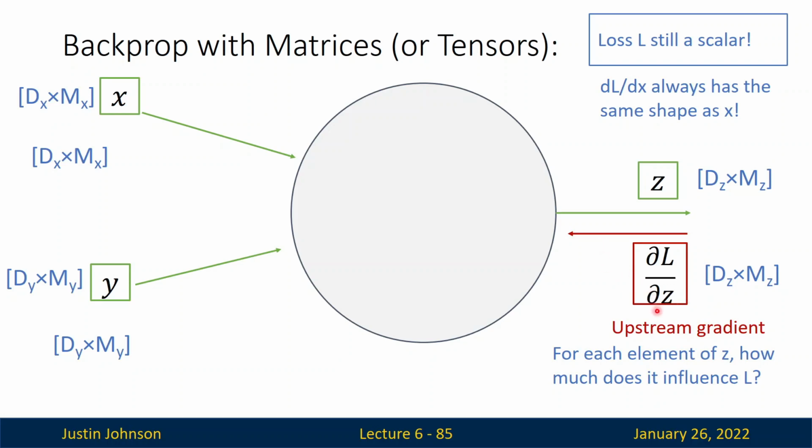Now we are going to calculate the local gradient and use the chain rule by multiplying the local gradient and the upstream gradient to get the downstream gradient.